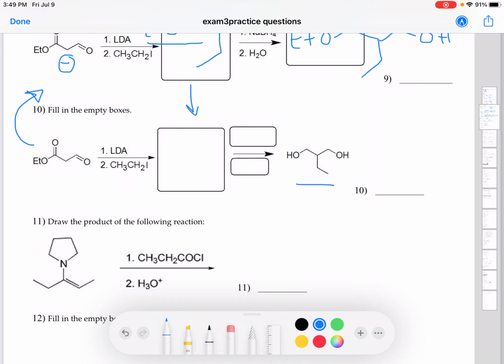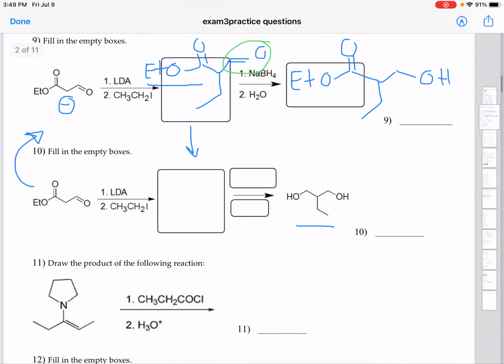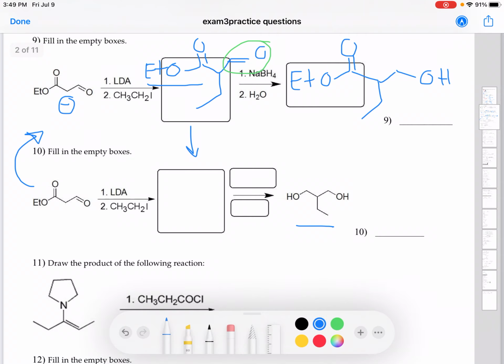So once you get the structure right here, you want this one, meaning your aldehyde also has been reduced to alcohol, and your ester part in this molecule, I will draw it again.